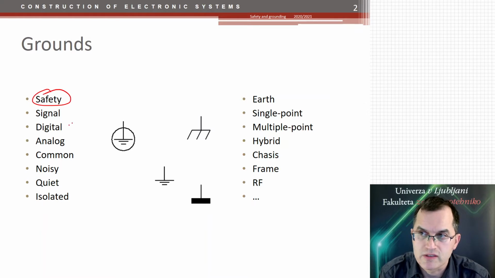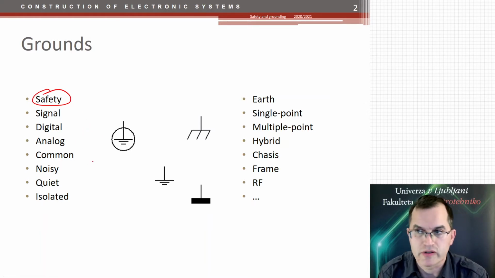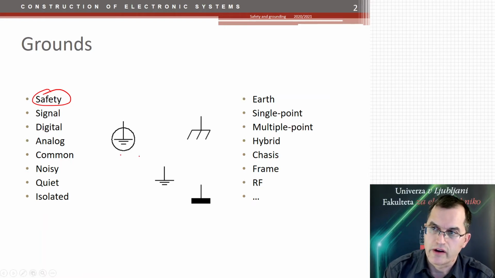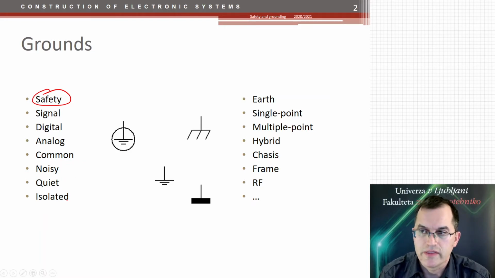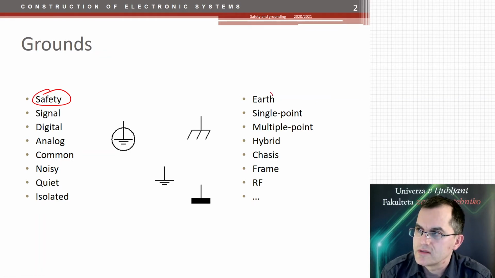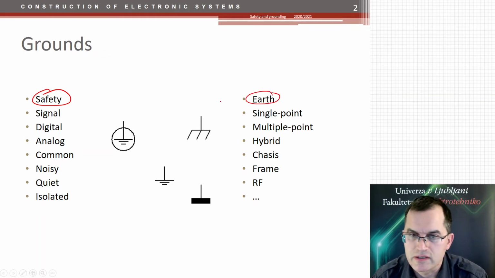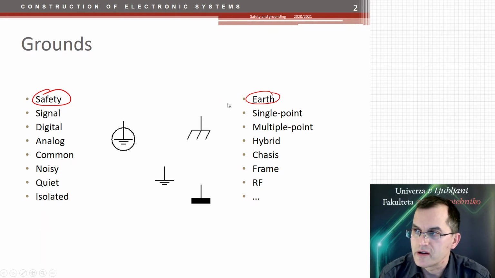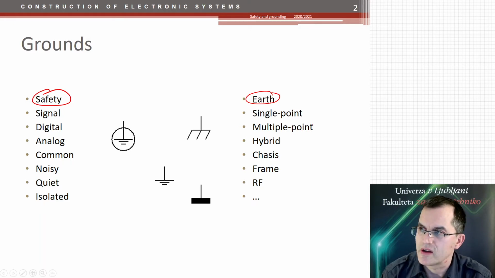But there are also signal grounds. We can divide digital, analog grounds. We have some common grounds of different circuits. The grounds can be noisy or quiet. They can be isolated. We are talking about earth grounds, so connecting to the zero earth potential. There could be single point or multiple point grounds or hybrid, the way we connect grounds of different circuits together.